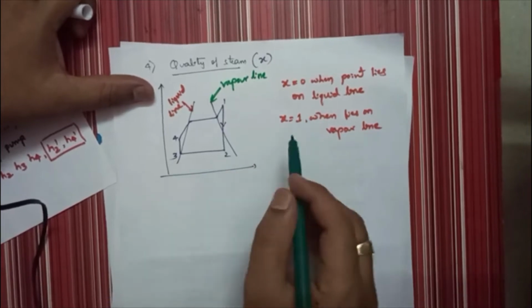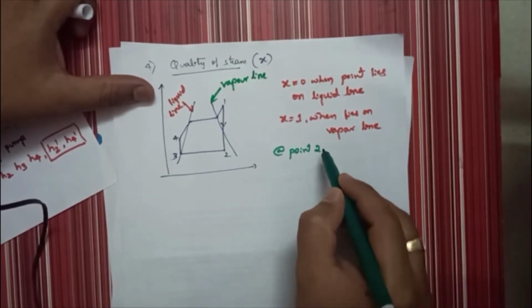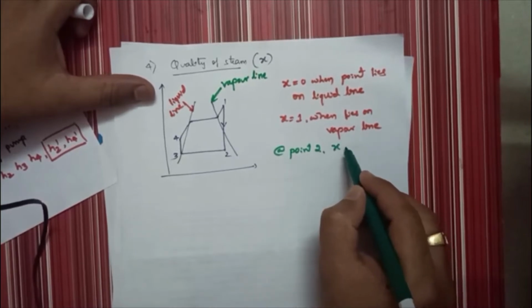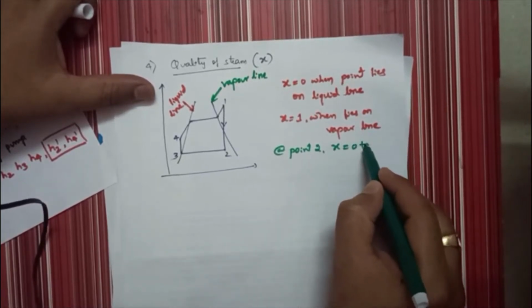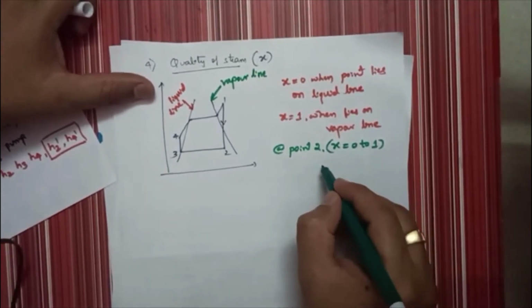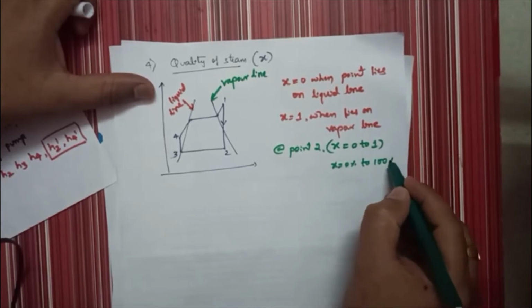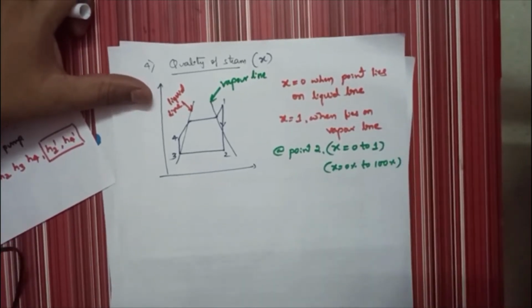So at point 2, what is the value of X? X is between 0 and 1, or it is also called 0% to 100% in terms of percentage.